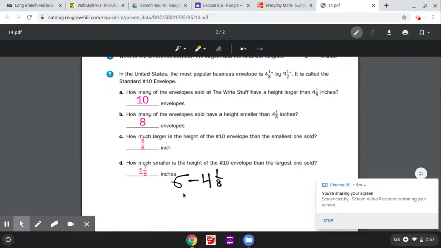You're going to borrow from that 6, so that becomes 5 and 8/8 minus 4 and 1/8. Okay, and then your answer is going to be 1 and 7/8. Okay, so that's how you get the 1 and 7/8.